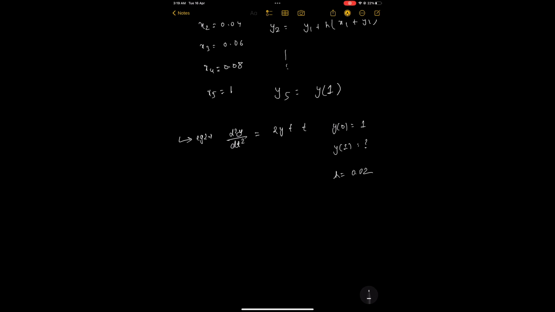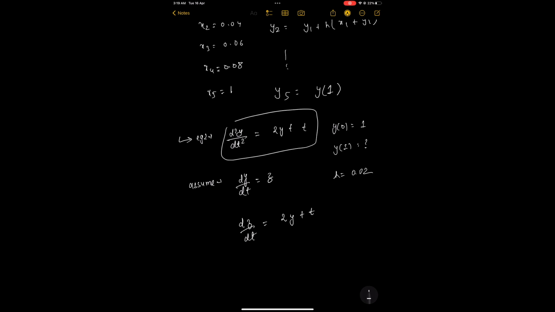What we do in this problem is assume dy by dt equals z, and then this equation gets converted into dz by dt equals 2y plus t.